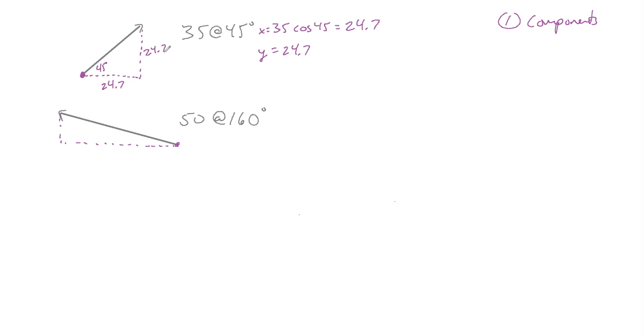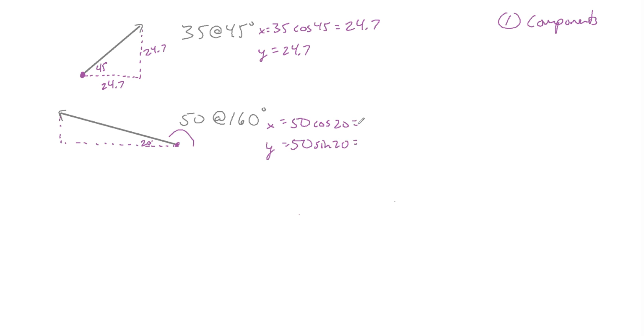All right, my second vector, I've got 50 at 160. So it was 160 degrees wrapped all the way around. I don't want to use the 160. I'd much rather use the 20 degrees that is in there. So for this guy over here, my x component is going to be 50 cos 20 degrees, and my y component is going to be 50 sine 20 degrees.